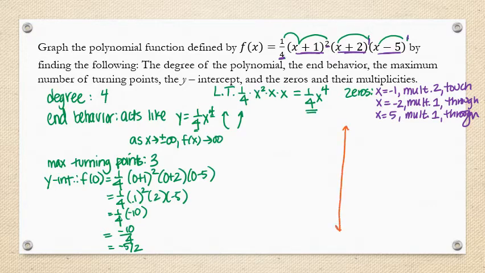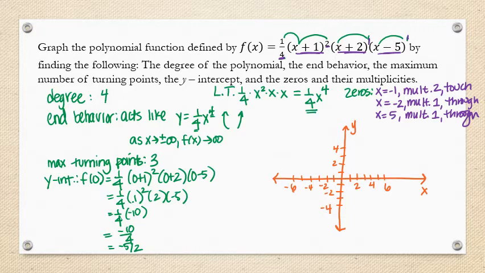Okay, now I should have everything I need to actually create this graph. So we'll create our x and y axes. Okay, so let's put all the points that we know.